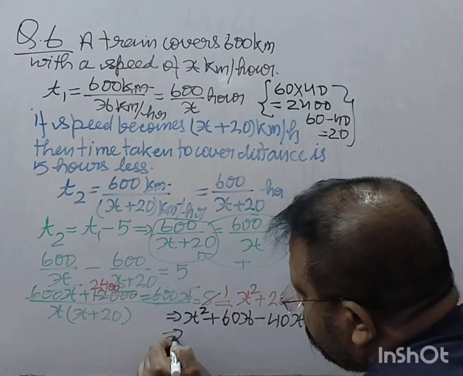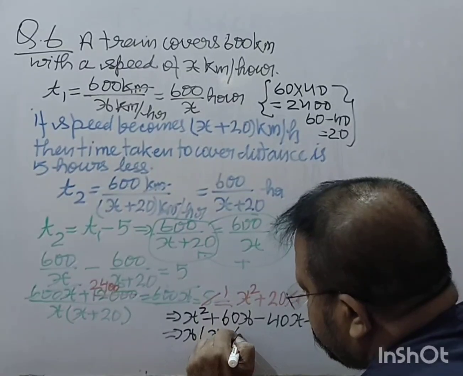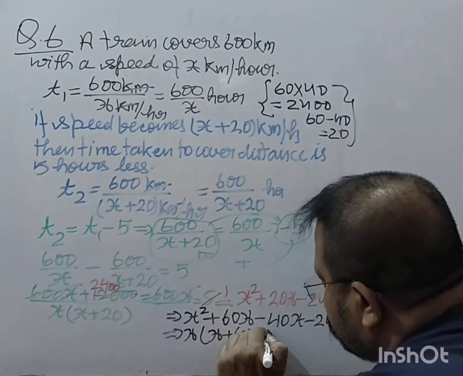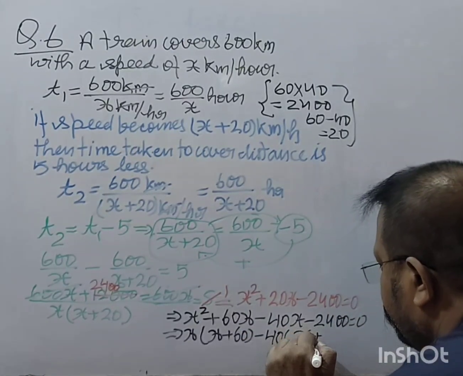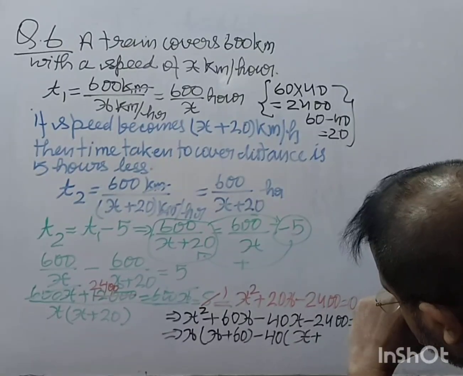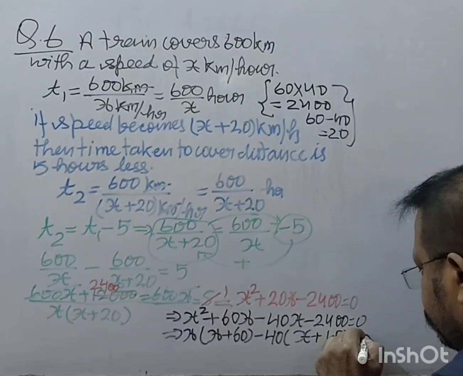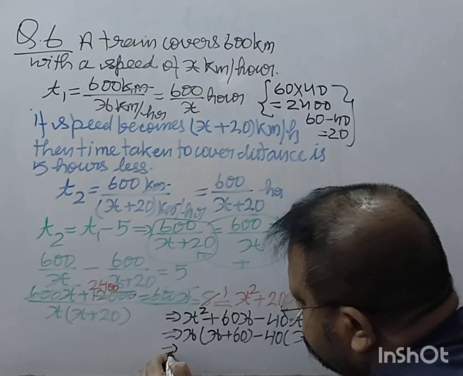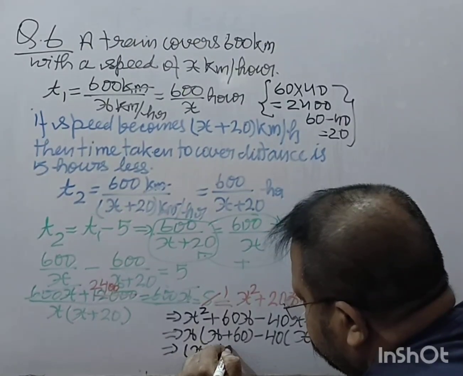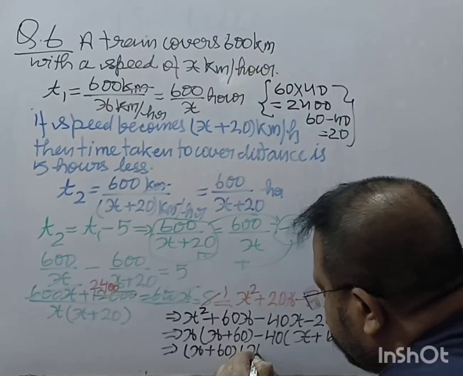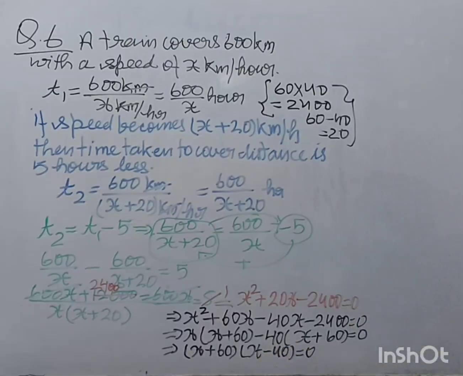So what you do, you take x as a common, so it becomes x plus 60 bracket, minus 40 you have taken as a common, it becomes x plus 60. You get it? So you get at last x plus 60 bracket x minus 40 is equal to 0. Right?